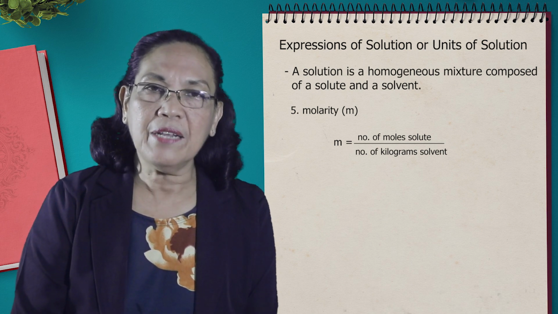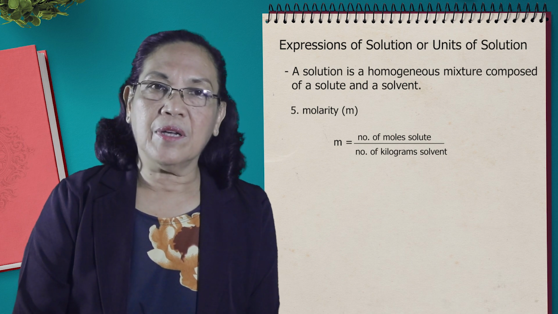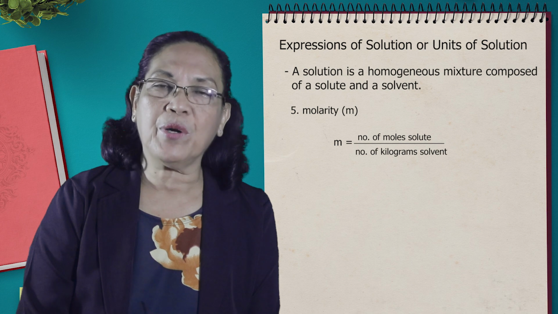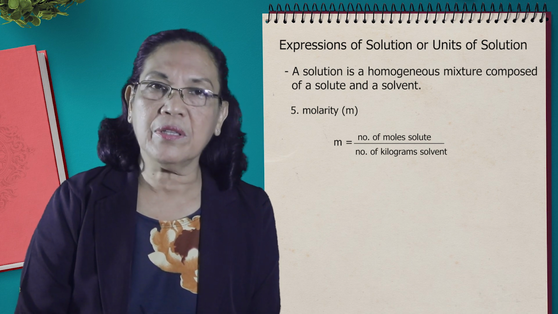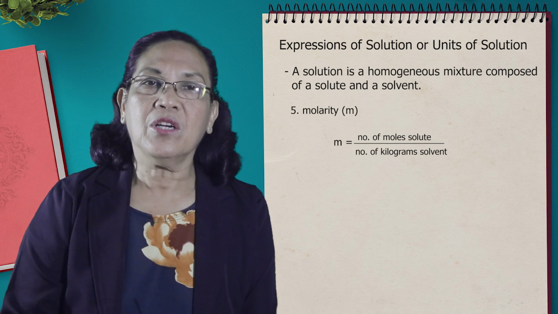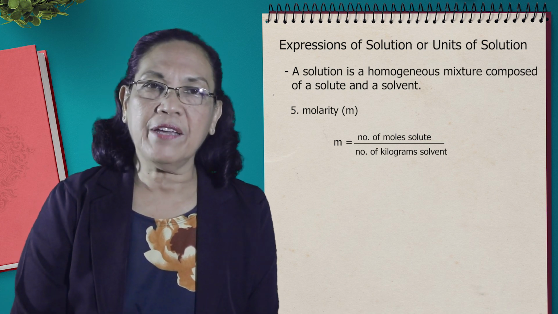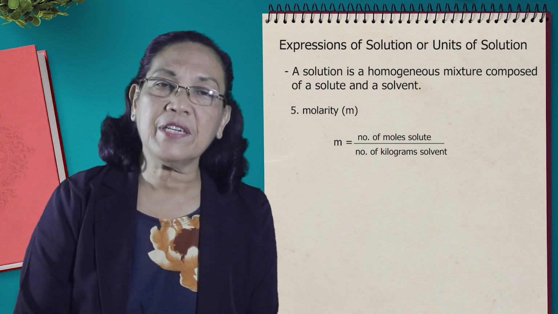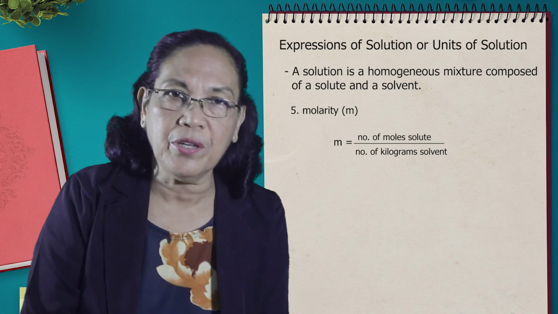Now, I said a while ago that molality is a ratio between the number of moles of the solute and the number of kilograms of solvent. So, if you are given the number of grams of the solute, you have to convert it into moles of solute.